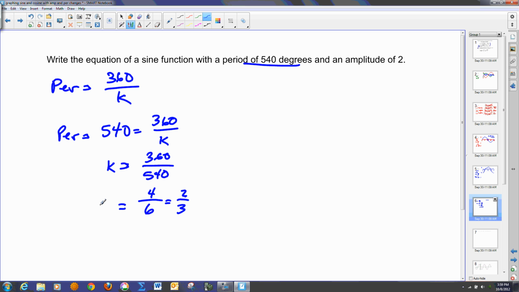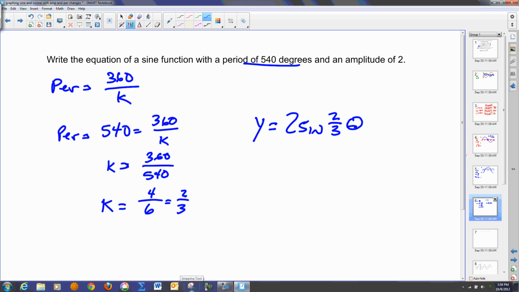And that's going to be my k value. I also know I have an amplitude of 2, so I can say then that y is equal to 2 sine, and I need my k value of 2/3 theta. And I'm done.